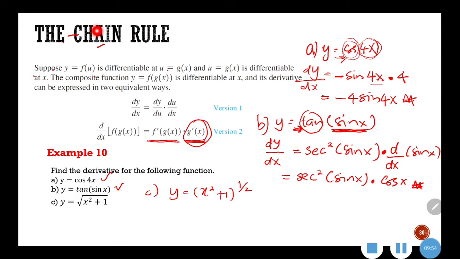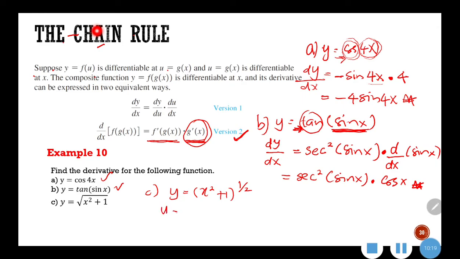Right? Kalau yang power macam ni, maybe for you untuk differentiate using the second version for the first time is quite takut confused lah. So easier kalau you let u untuk method ni.